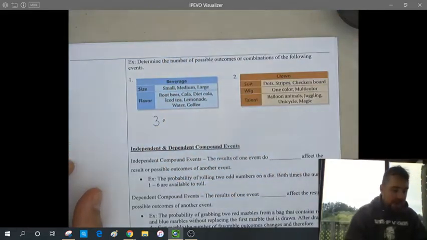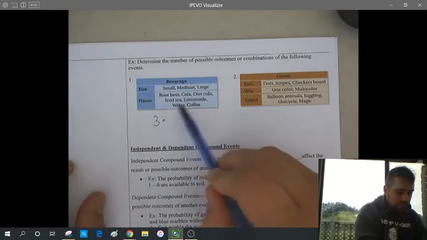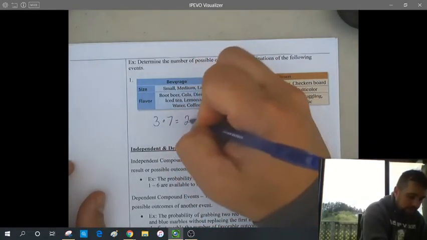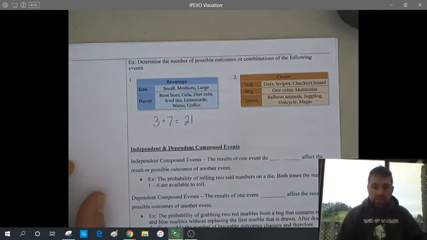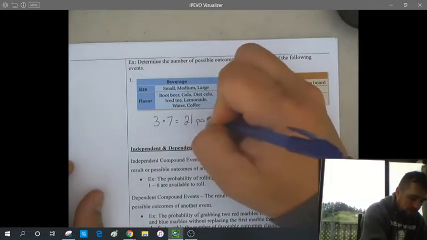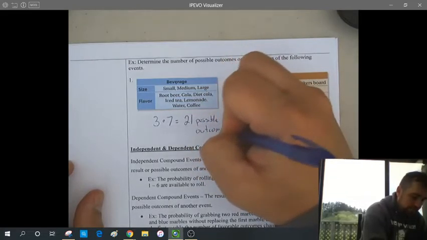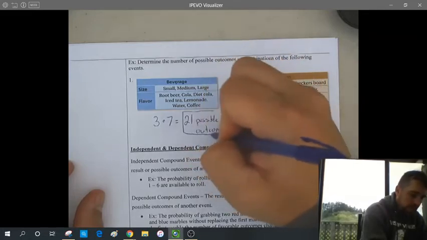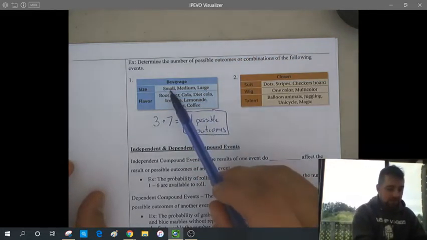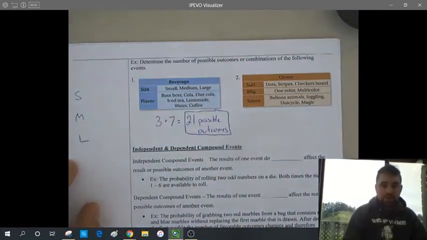And if I multiply that by the number of flavor options I have, 1, 2, 3, 4, 5, 6, 7, I come up with 21 possible outcomes. Now, if we were to do our tree branching diagram idea, we would have to do a small, a medium, and then a large.